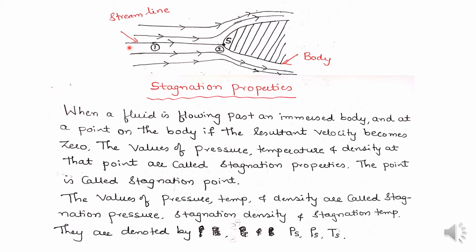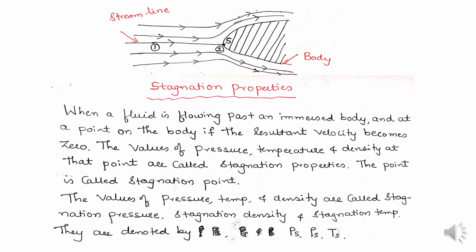But initially it first comes in contact with this point, where the resultant velocity is 0. This is the stagnation point, where pressure, temperature and density are measured, called stagnation pressure, stagnation temperature and stagnation density, indicated by Ps for stagnation pressure, rho s for stagnation density, and Ts for stagnation temperature.